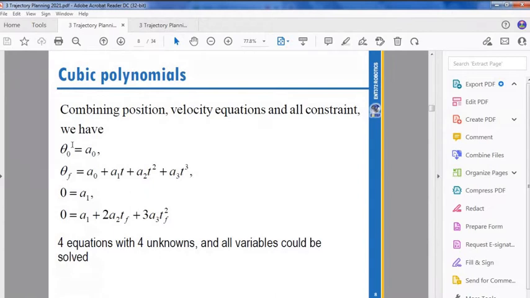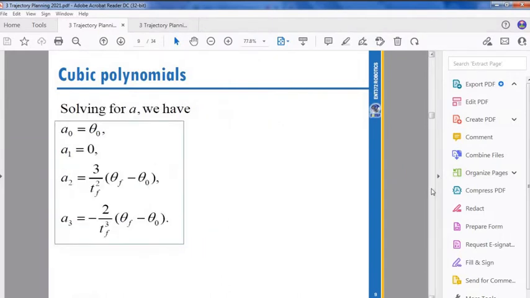To find A2 and A3, you can replace A1 and A0 into this, or you can use the elimination technique. But in this note, they already solved the elimination technique, so you can use this simpler formula to find A0, A1, A2, and A3.